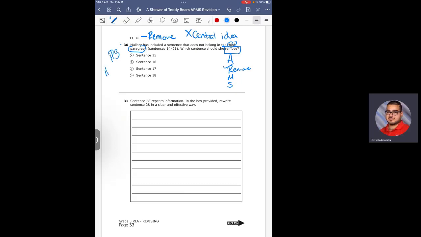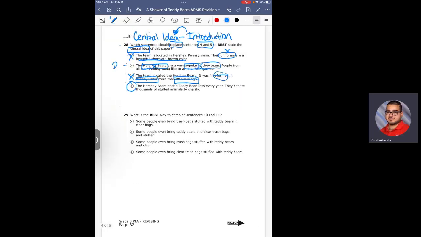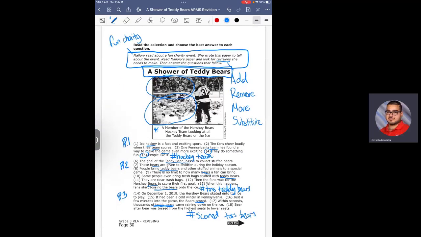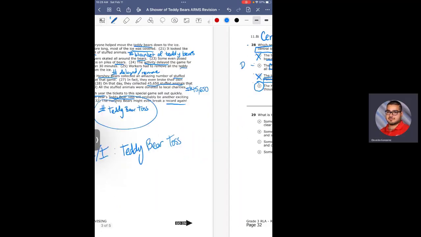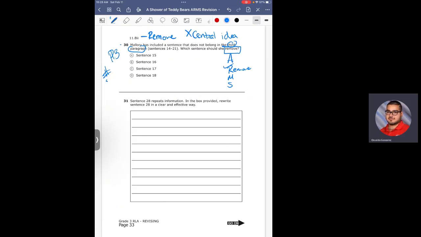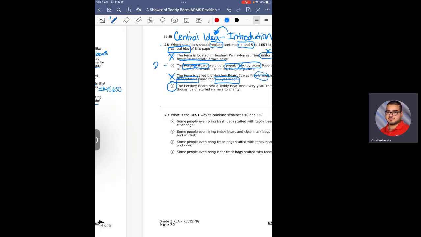And I'm going to put the hashtag that I put for paragraph 3 here. And the hashtag that I put for paragraph 3 was when the team scored, they tossed the bears. So let's put score, toss, bears. Let's look at sentence 15. Let's see if that goes with our central idea. So we have to remove.